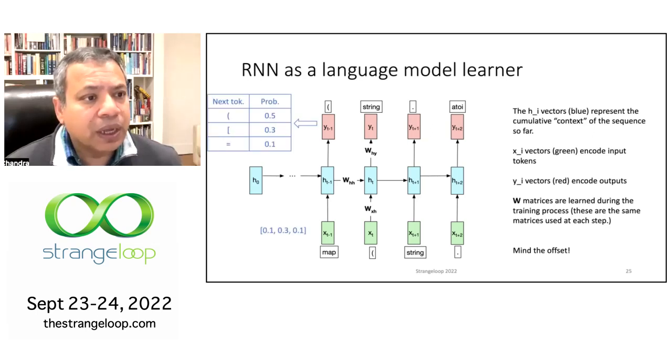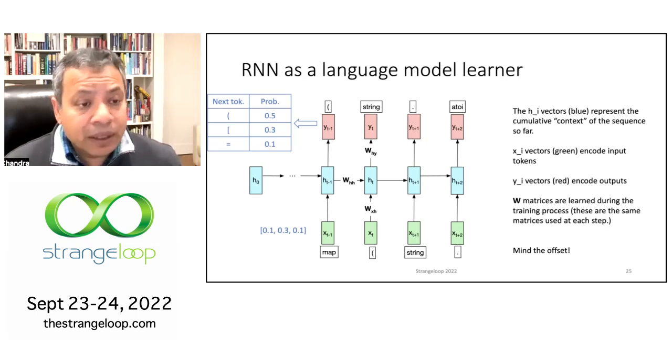And what comes out essentially is the equivalent of this probability table that says that, given whatever we have seen in terms of numerical representation of tokens so far, what comes next is as follows. The probability that open paren comes next is 0.5. The probability that the equal sign comes next is 0.1, and so on. And from this, you can read off the highest probability token and say that, okay, that's what I'm going to predict comes next.